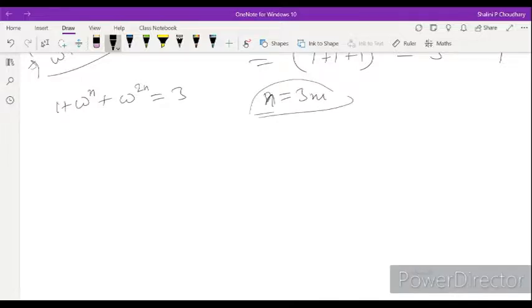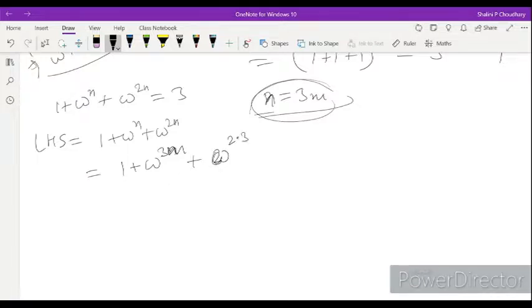So LHS is 1 plus omega to the power n plus omega to the power 2n, and in place of n we can write 3m. So 1 plus omega to the power 3m plus omega to the power 2 into 3m, that is 1 plus omega to the power 3m plus omega to the power 6m.